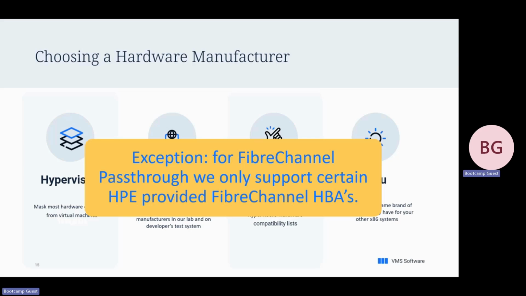That in turn means that it cannot work if that is a card that our driver does not support. We do not have the resources to create drivers and, more importantly, to do the qualification testing on Fibre Channel cards from a dozen different vendors.